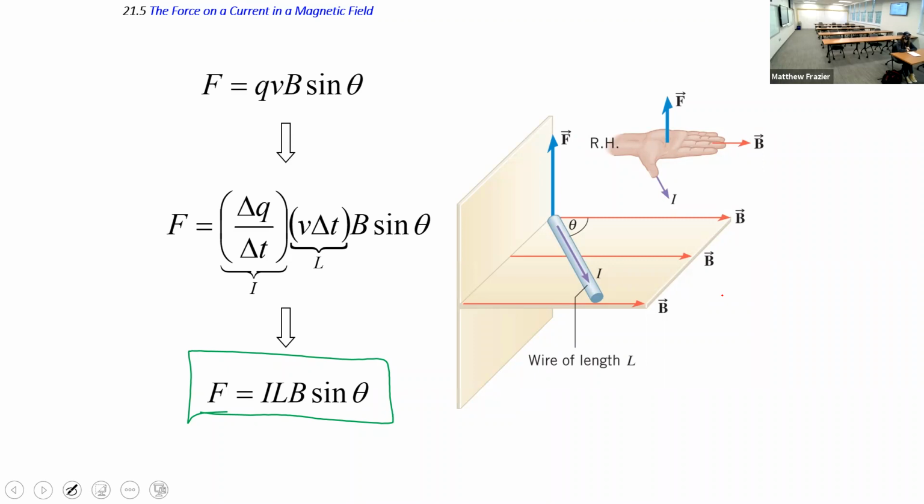So you can see what we're doing is putting in delta T top and bottom, and then converting Q to current and V to distance. And so we have an expression for the force on a current. What it wants to do is push a wire around. You have a wire in a magnetic field, it'll be pushed around.